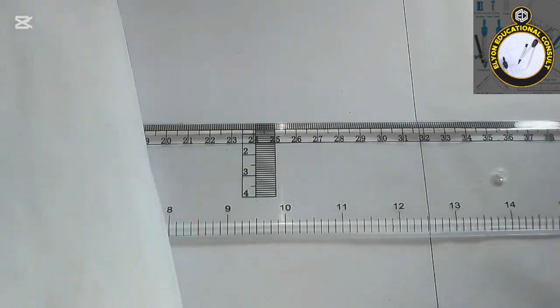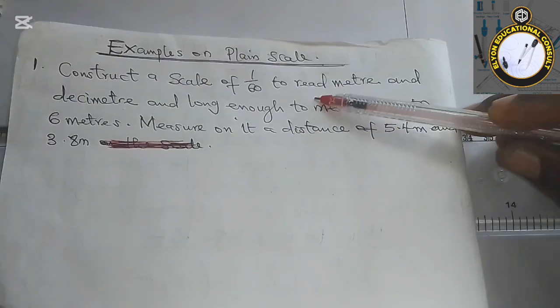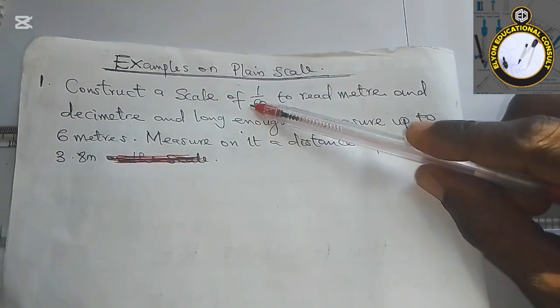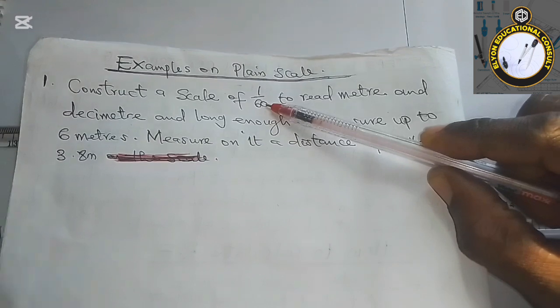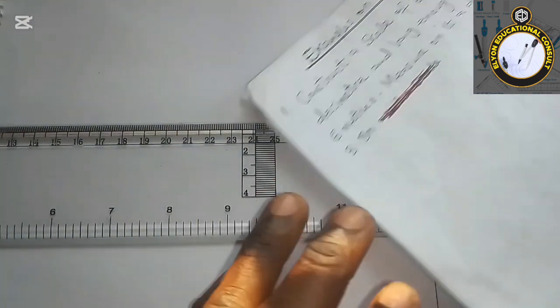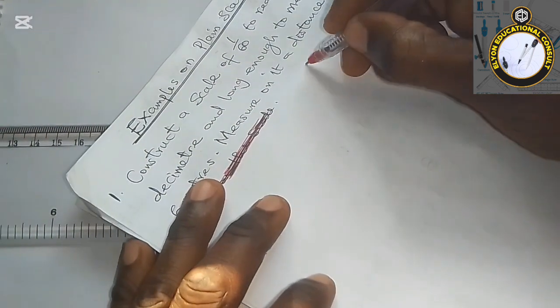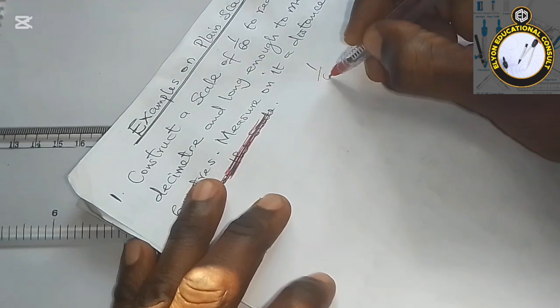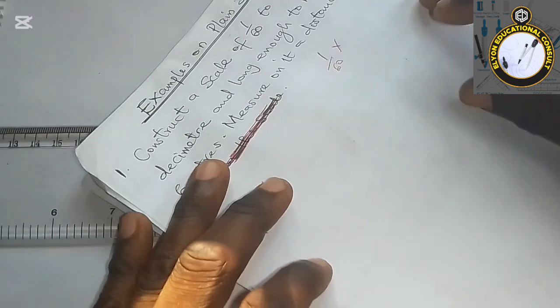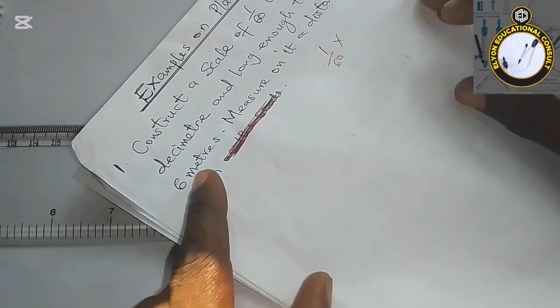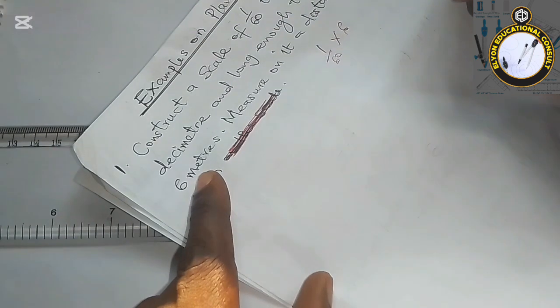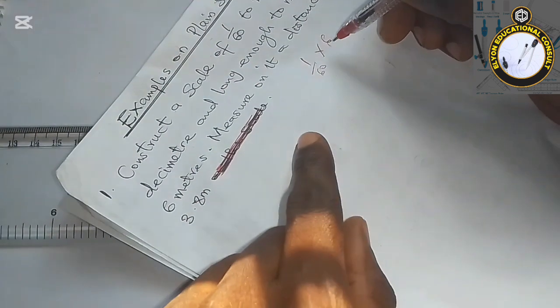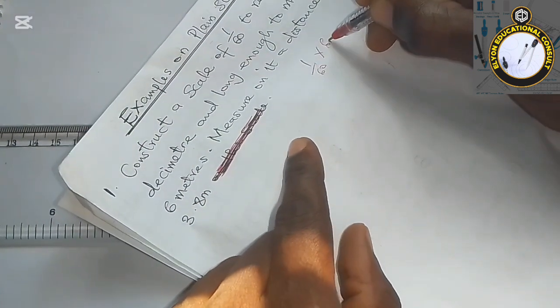So in this question, the representative fraction given to us is 1:60. So let me quickly do that so that you can see. 1/60 multiplied by the maximum length of the scale, which is 6 meters.